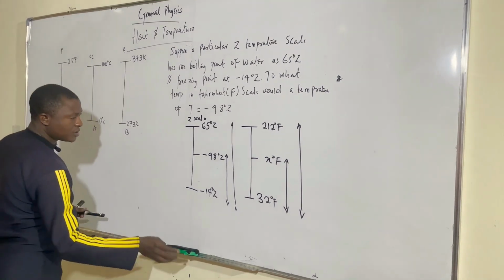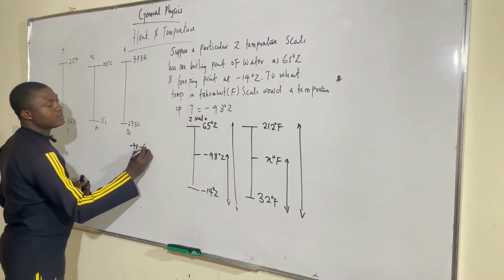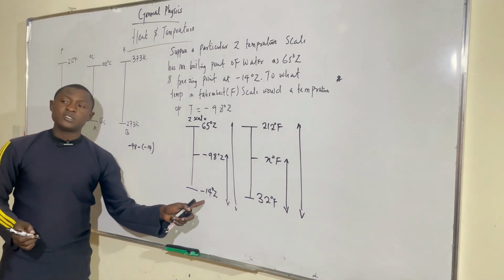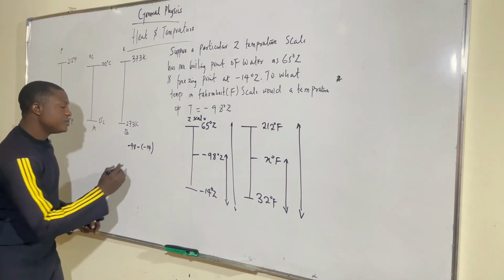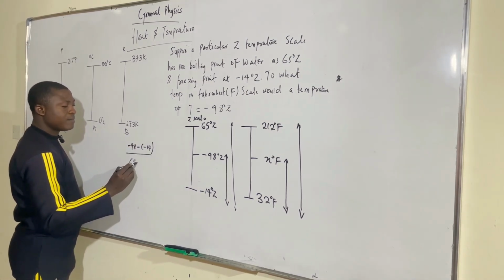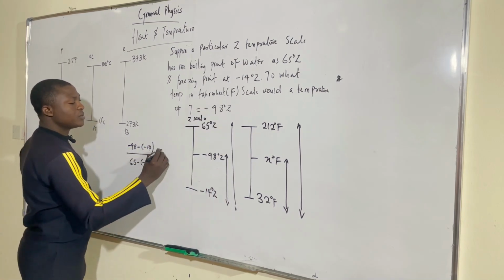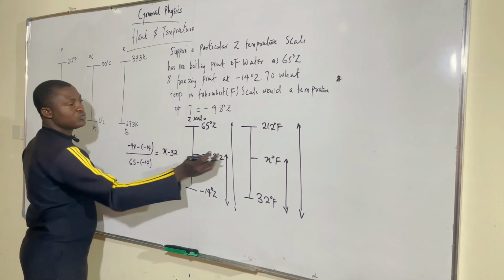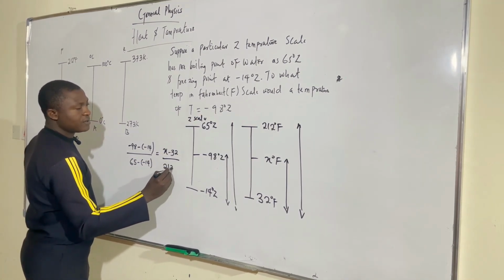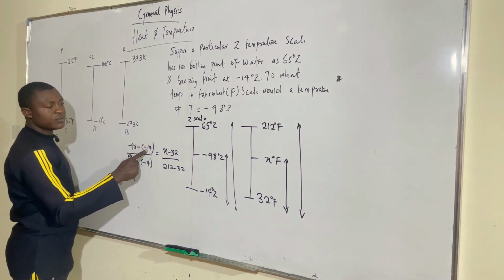So for the first one, I can have minus 98 minus 14. Why do we have two minus? Because the lower freeze point here also contains negative. So divided by the upper one, that is 65 minus 14, is equal to, for this side too, x minus 32, that is this point to this point, divided by 212 minus 32. So now, if you have minus minus, that's going to be positive.